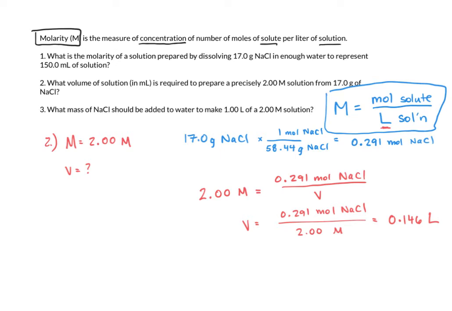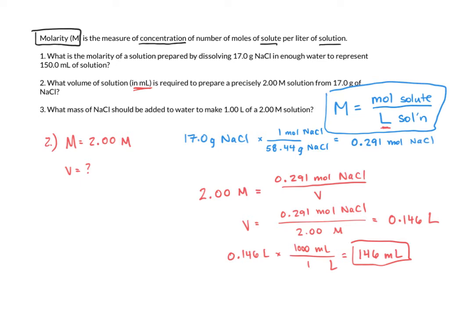As one final step, let's convert this volume to milliliters as our question requested. 0.146 liters can be easily converted into milliliters if we once again recall the metric identity. There are 1,000 milliliters in every liter. Multiply through, and we end up with 146 milliliters as our final answer to question number 2.